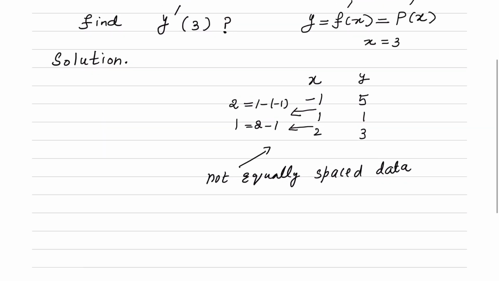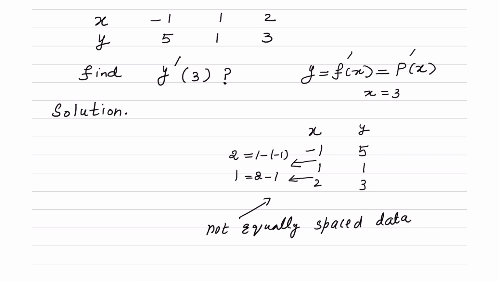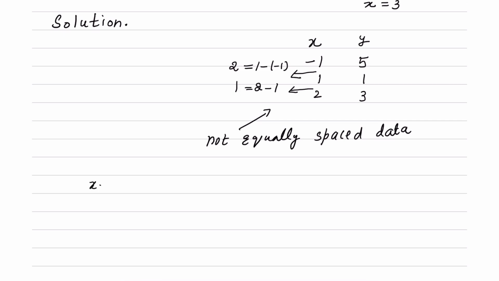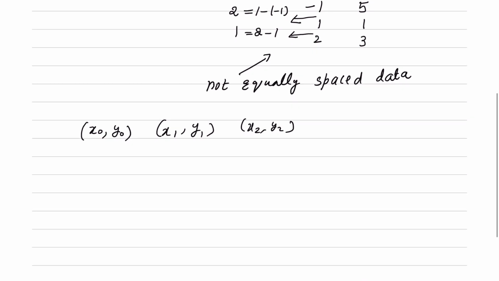So first, for the 3 points data, we will write Newton's polynomial. We know that if we have 3 points data, we will first write Newton's polynomial of degree 2.